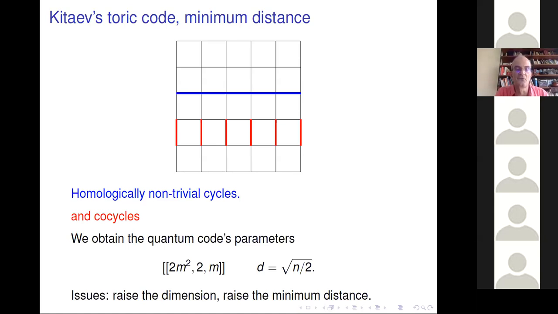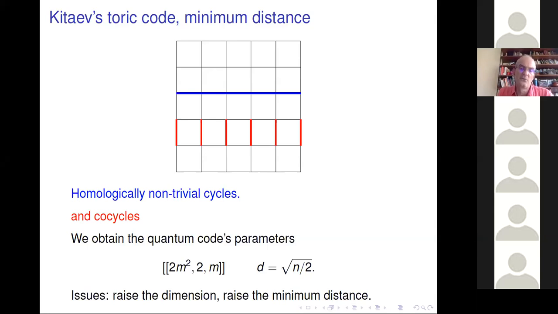A couple of drawbacks is that it has a small dimension, which is only 2, and its minimum distance is just a square root of n up to a constant. And it's this completely open problem whether we can have quantum LDPC codes with substantially larger minimum distances.